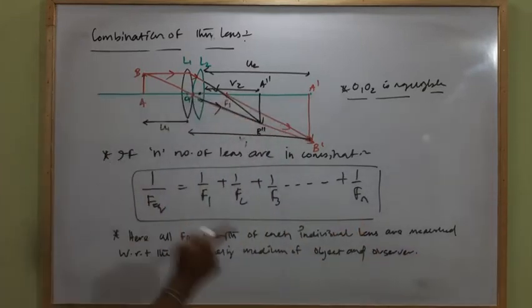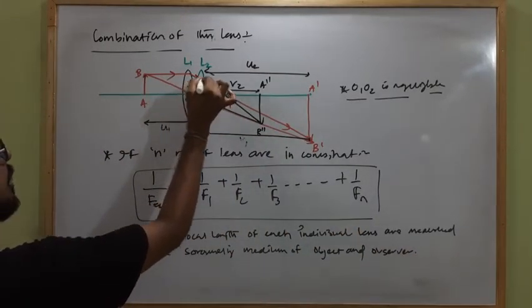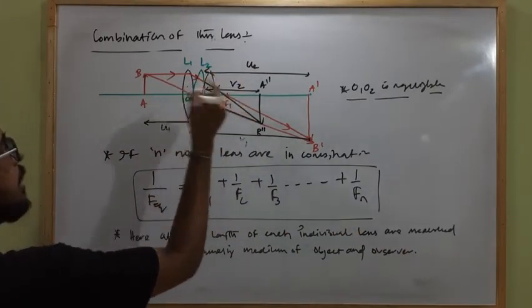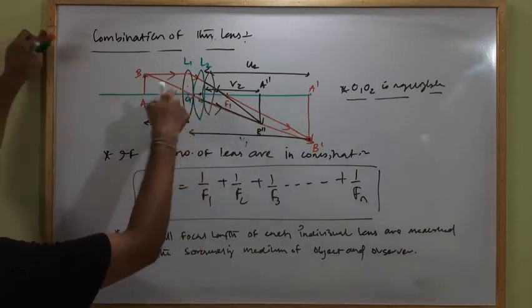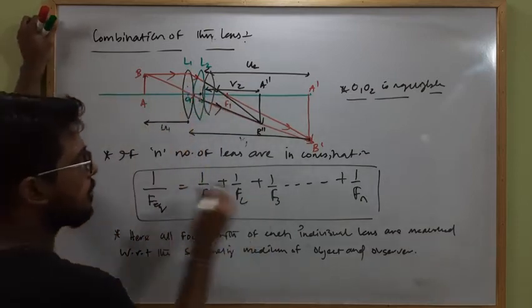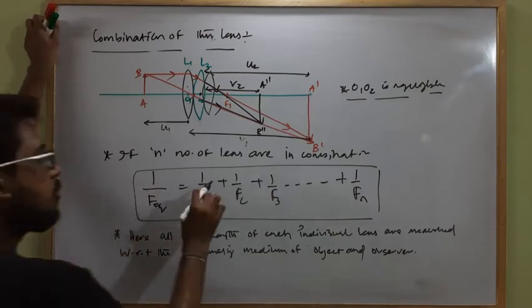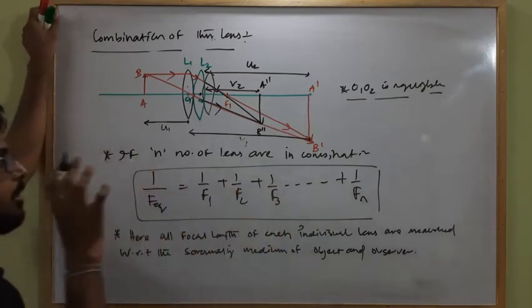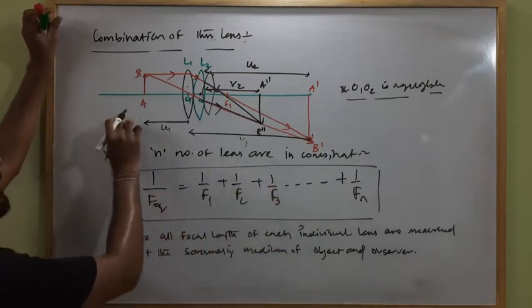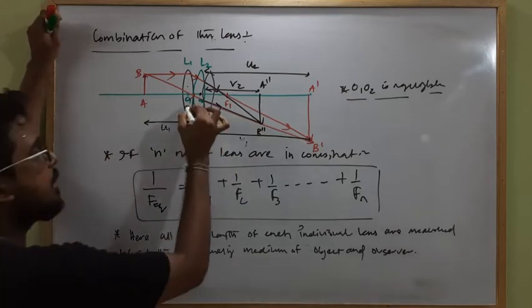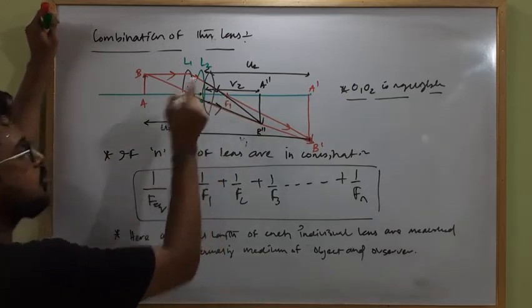Okay, they are not depending upon the medium of the lenses close to them. The focal length of each individual lens F1, F2, F3 has to be measured with respect to the medium of the object and observer. They are not depending upon the medium of the lenses close to them.